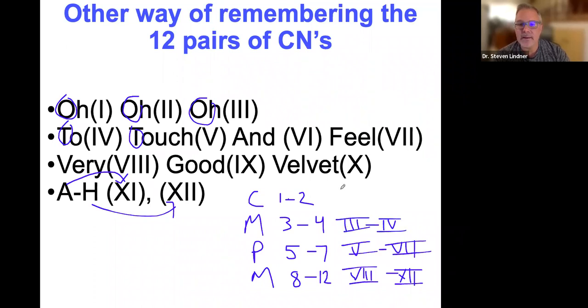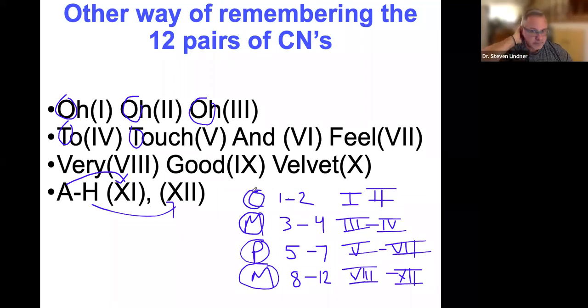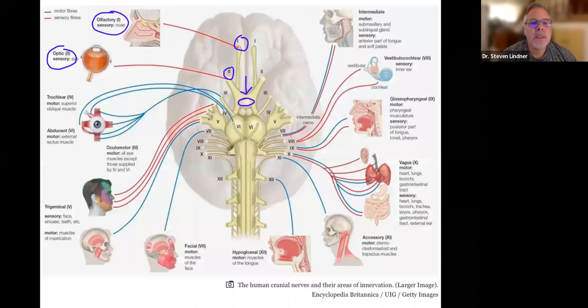And then in the cerebrum is cranial nerve 1 and cranial nerve 2. This is important because when we test cranial nerves or people have malfunction to them, it tells us perhaps what part of the brain there could be damage to. Not just the cranial nerve that's not functioning, but the part of the brain that may be damaged. Okay, so you have medulla, pons, midbrain, and then the cerebrum. So that's cranial nerve 1, cranial nerve 2.